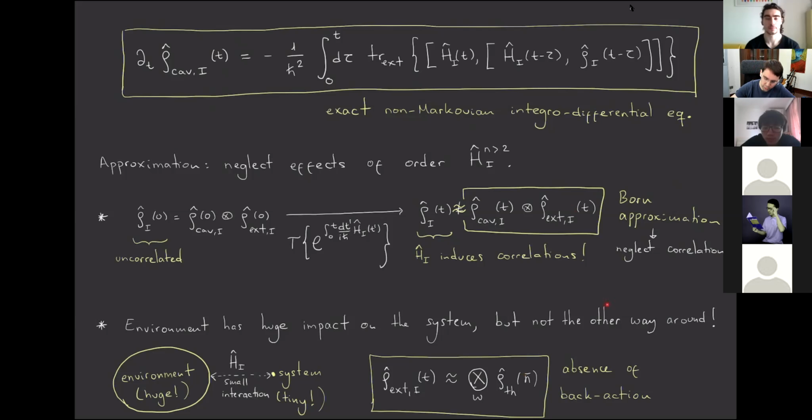When we do these two approximations in the evolution equation of the state, again, as I told you, we are not saying that this is the state of the full system plus environment. We are just saying that any effects that go beyond that cannot enter the dynamics of the cavity up to order 2 in the interaction.